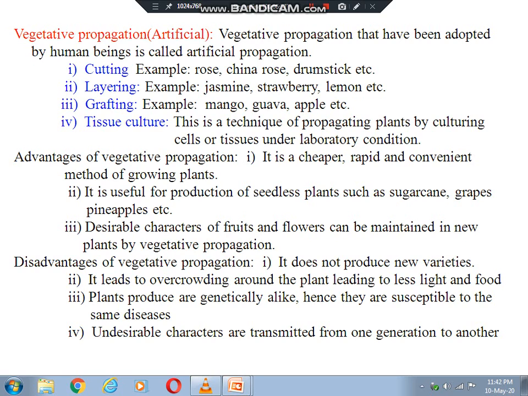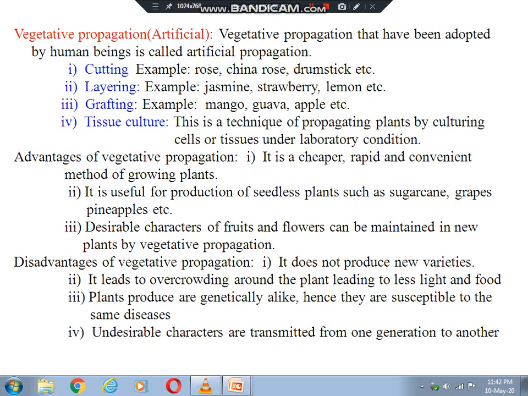I mean, you should read the chapter thoroughly and try to understand all types of asexual reproduction with example, and practice some diagrams from this portion like budding, fission, then fragmentation. All diagrams you just draw in your class copy.